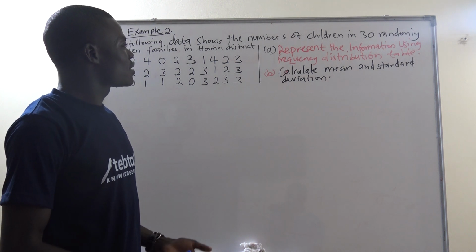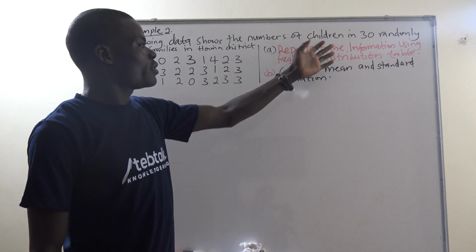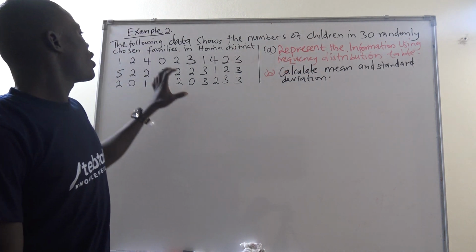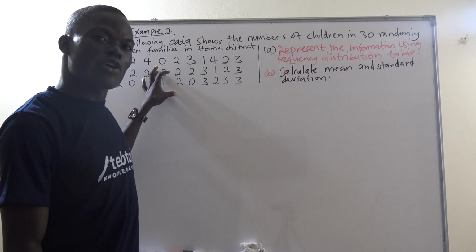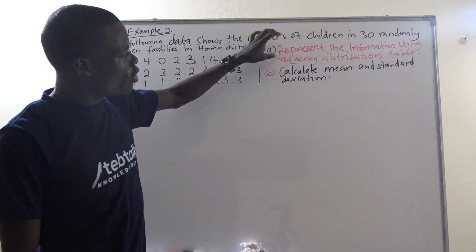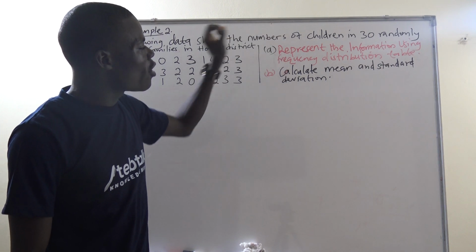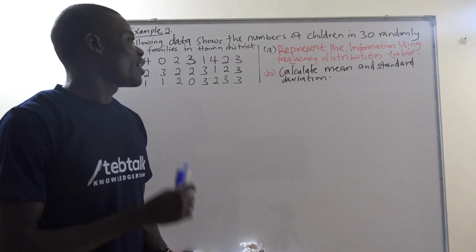But the first task which they want us to do is to represent the information which they have given on a frequency distribution table, and then after representing the information on the frequency distribution table, we calculate the mean and the standard deviation.